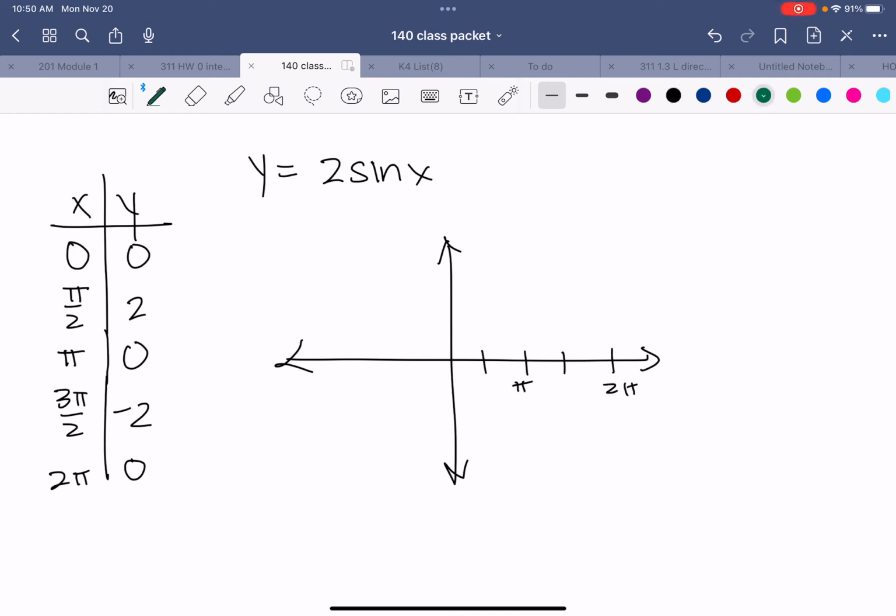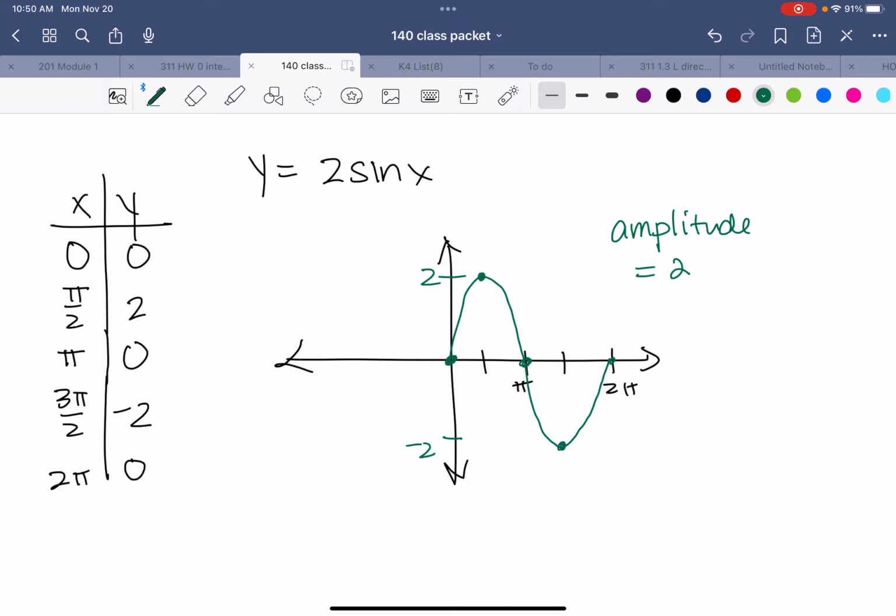I still start at 0, 0, but now at pi over 2, I want to go up to 2. Then 0, and then negative 2 and 0. So you get the same exact curve, only instead of going up and down to 1, now you're going up and down to 2. So the amplitude here now is equal to 2.